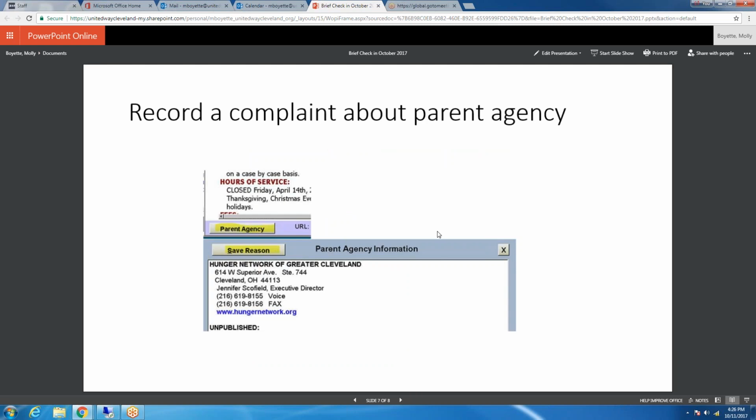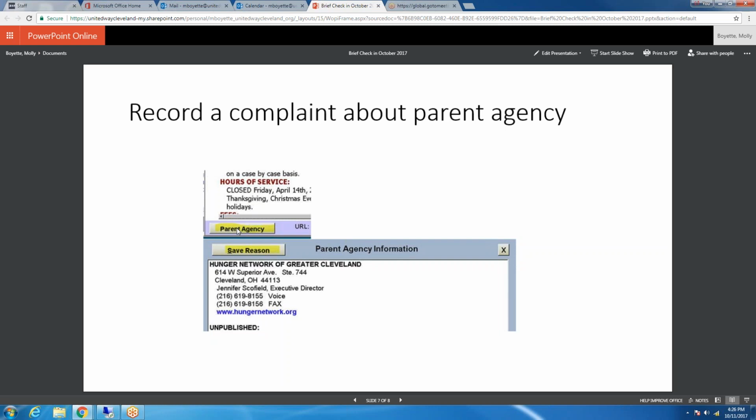Now, if somebody had a complaint about the Hunger Network, not at a site level, but more at an agency level. The person doesn't like the amount of required documents, or they don't like the way that the boundaries are drawn up, or something else that would be more at an agency level rather than an individual site. You would open up the bottom corner of that Lane Metropolitan file.